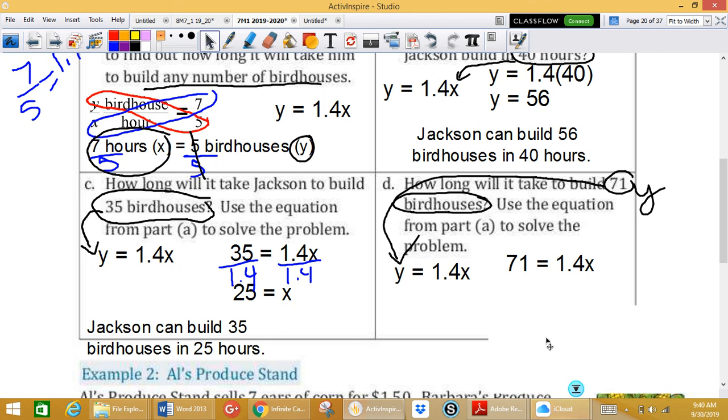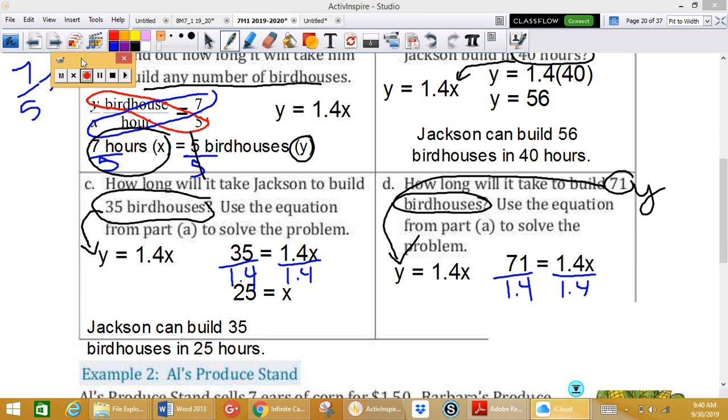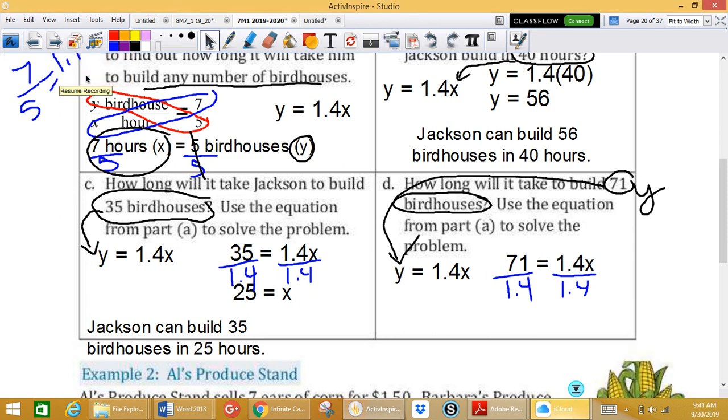So I'm going to divide each side by 1.4. So we have 50.7 equals x.